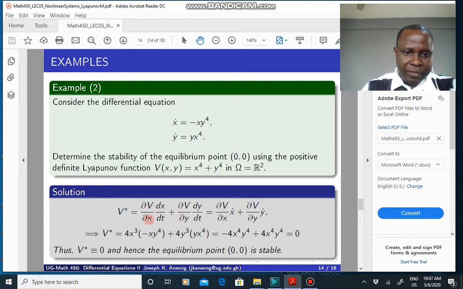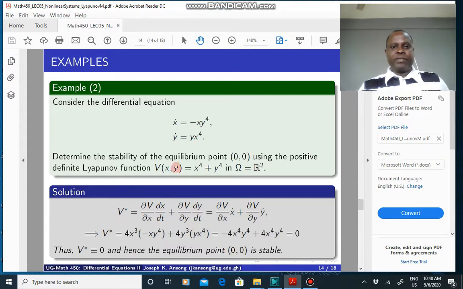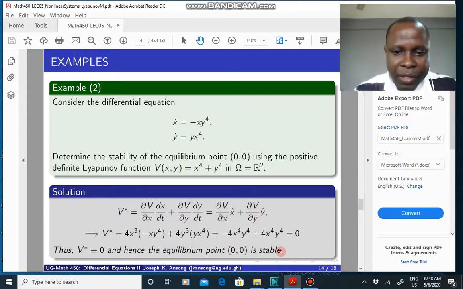So find the derivative of v with respect to x. From here, we have 4x cubed multiplied by x dot, which is given here. You do the same for y, you add them up, and it's equal to 0. According to the theorem, if the total derivative is 0, then the equilibrium point is stable. So the equilibrium point for this nonlinear system is a stable equilibrium point.